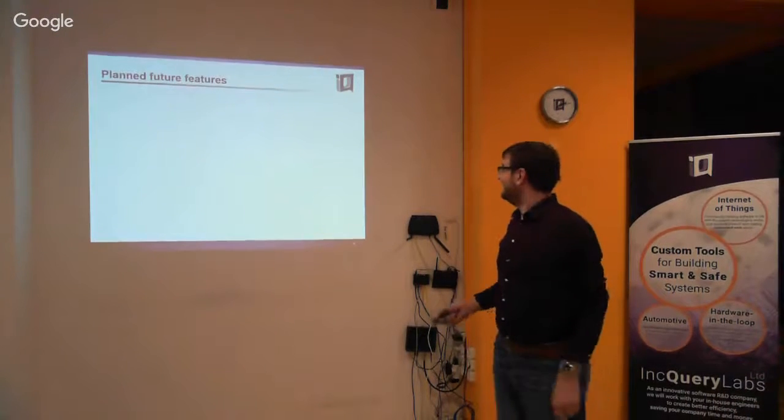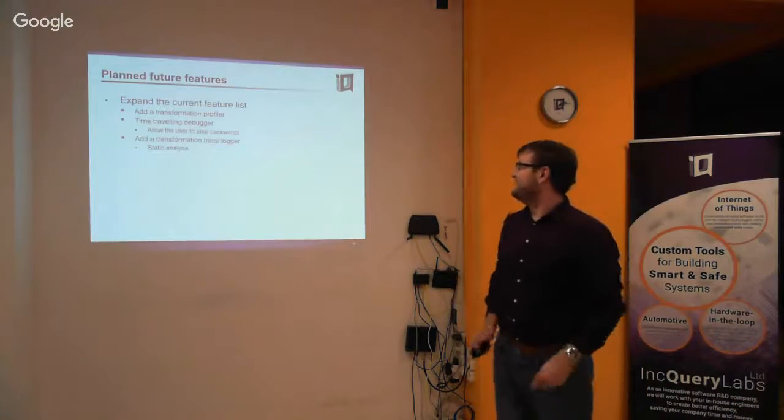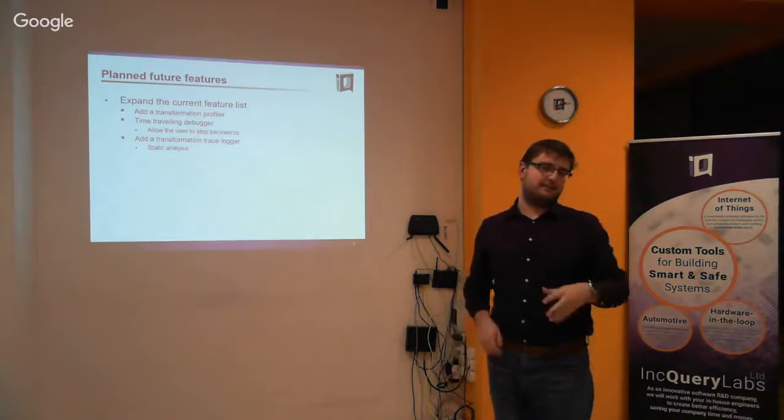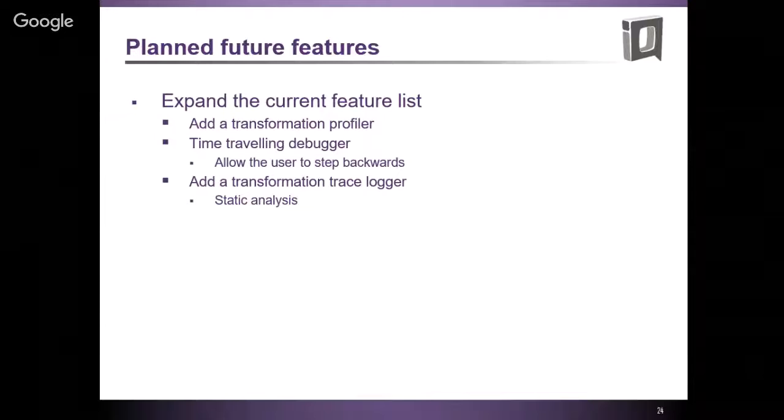We're planning to expand the current feature list via adding a model transformation profiler, and implementing a so-called time-traveling debugger, which allows the user to step backwards in the model transformation, not only forwards. And we'd also like to add a transformation trace logger, which can be used for static analysis of model transformations.